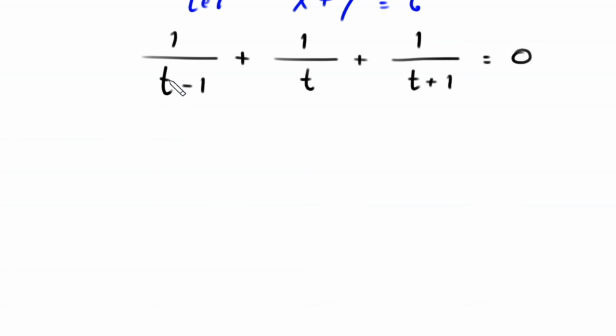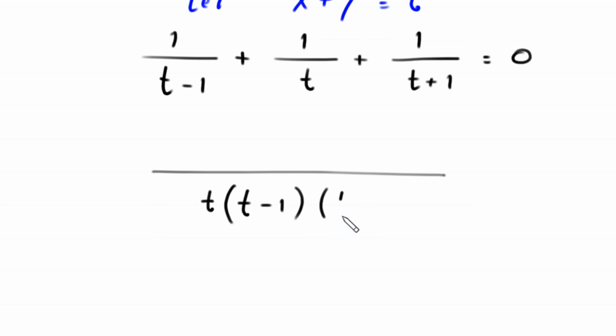Now we take the LCM of these three denominators. The LCM of these three denominators is t times t minus 1 times t plus 1.